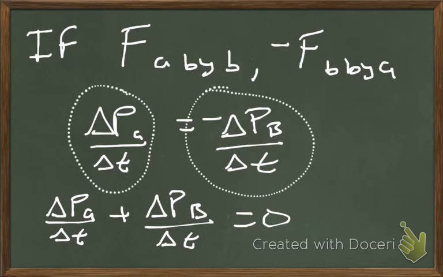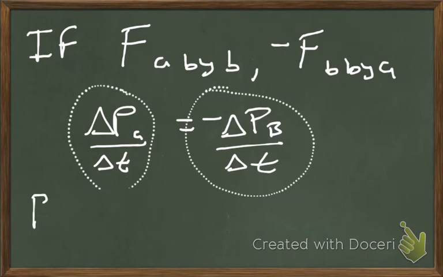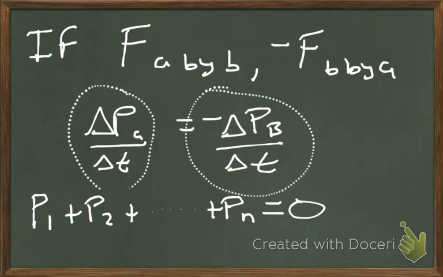Well, I'm going to get rid of the delta t because it's in all of the terms, and so really it's just the momentum of one of them plus the momentum of the other one. If we had any number of particles interacting, then if we totaled up all of their change in momentum, it would be 0. So however much one of them changed, the other one changed in the opposite.